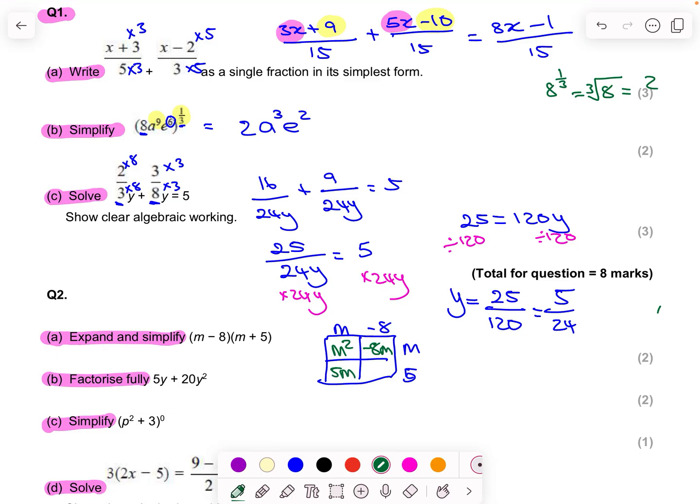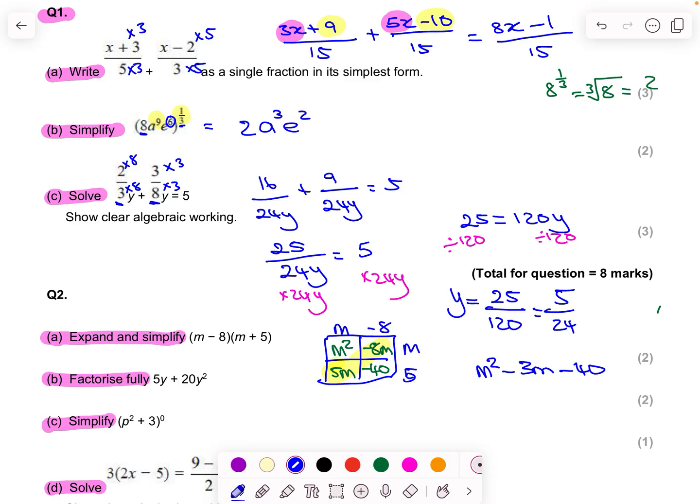And minus 8 times 5 is minus 40. And we can put together our like terms, so these two. And our final answer then is m squared, 5m take away 8m is minus 3m, and minus 40. And that's it.